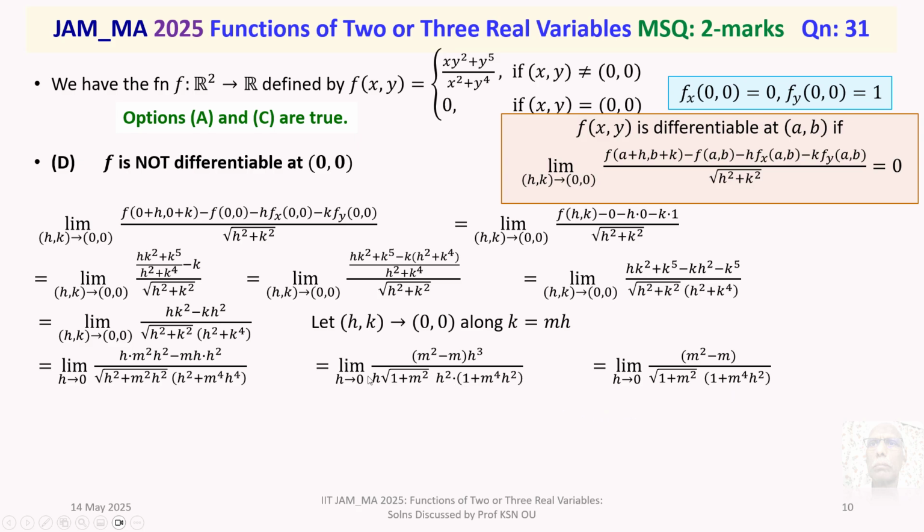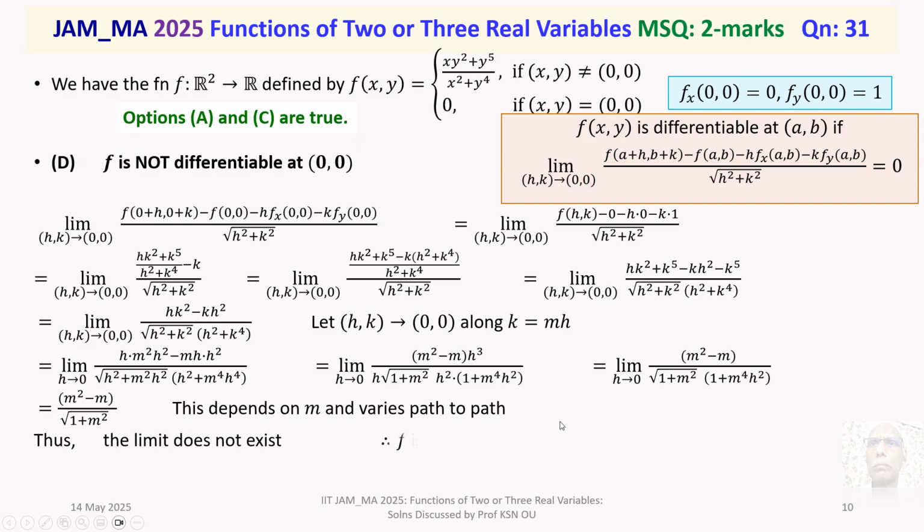So h square into h in the denominator is h cube, and the numerator is h cube, cancels. You will get limit h tends to 0, this will be m square minus m by root of 1 plus m square. So this depends on m and varies from path to path. Therefore, the limit does not exist. Therefore, f is not differentiable at 0, 0.